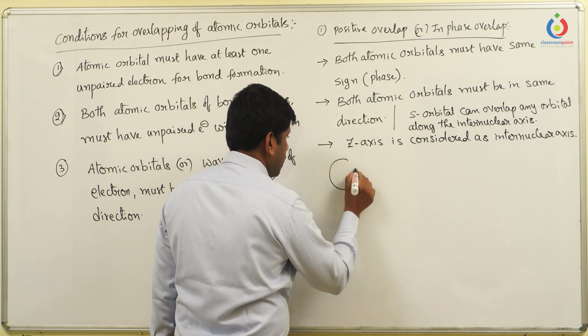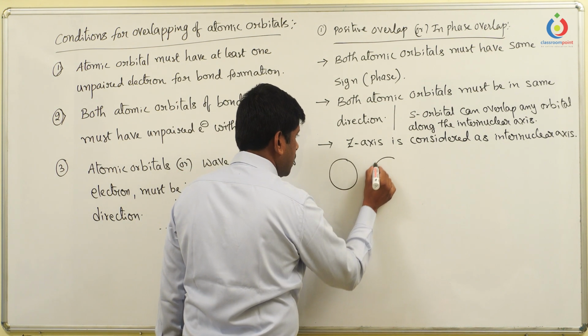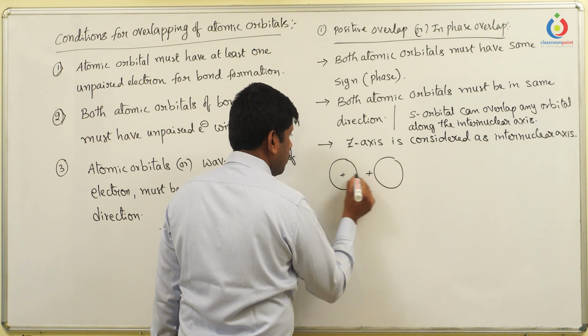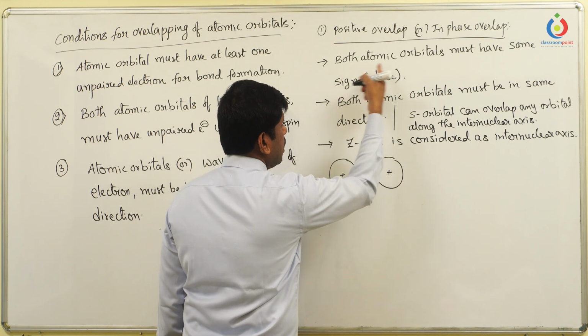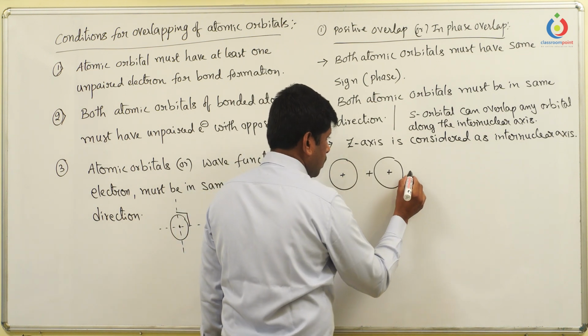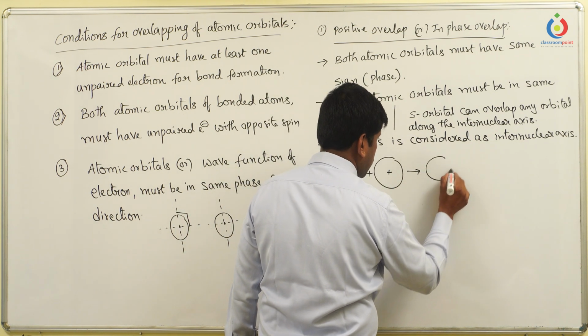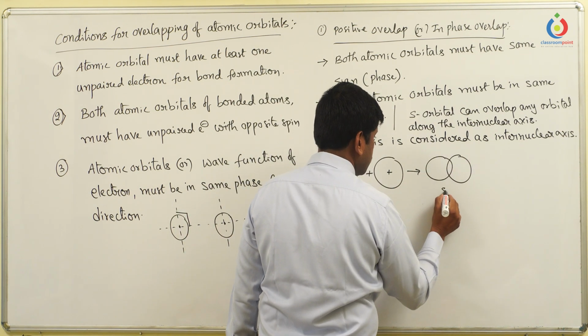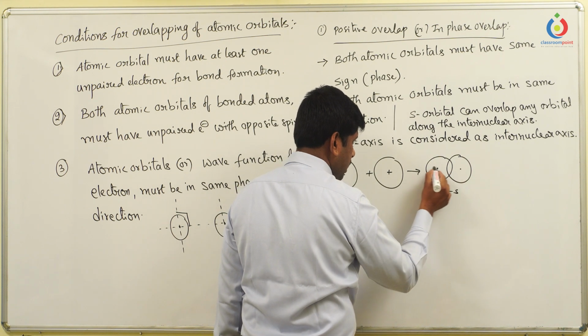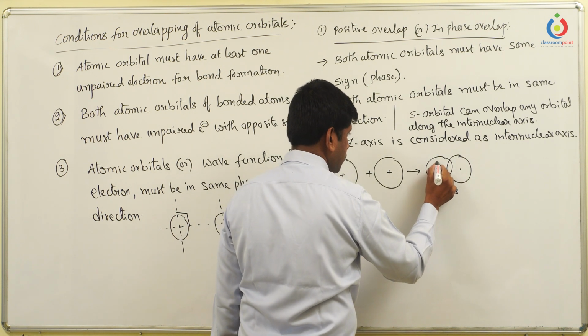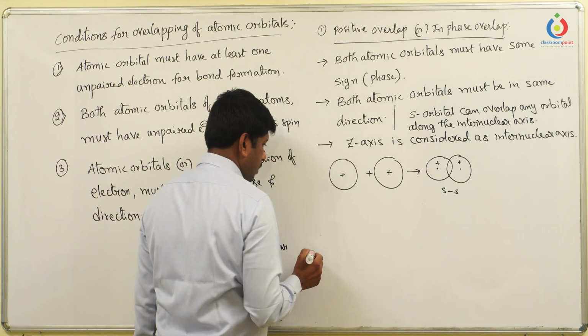First of all, when an s orbital tries to overlap with another s orbital, both must have the same sign, either plus or minus, that is, the same phase. This is called the s-s overlap. This s-s overlap takes place along the internuclear axis, plus and plus.